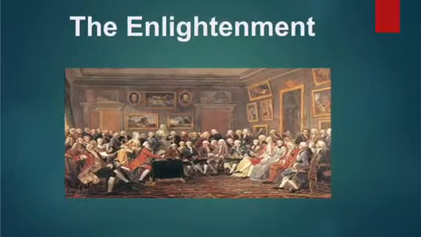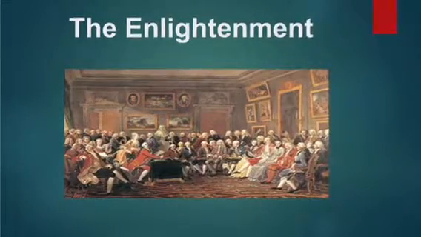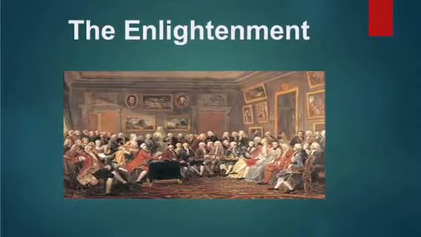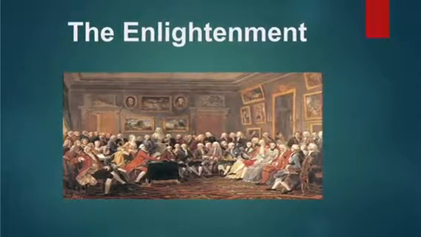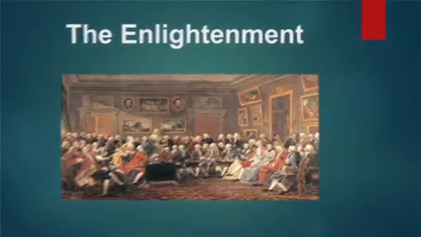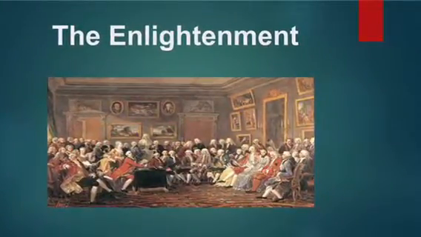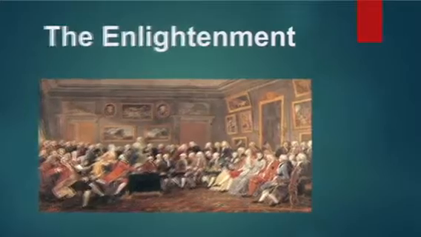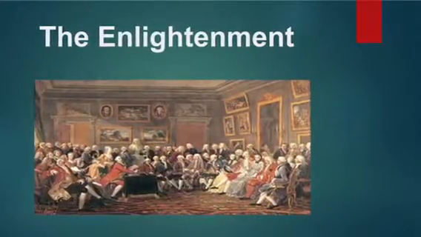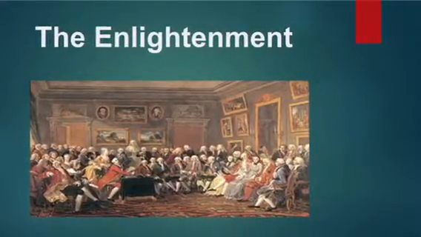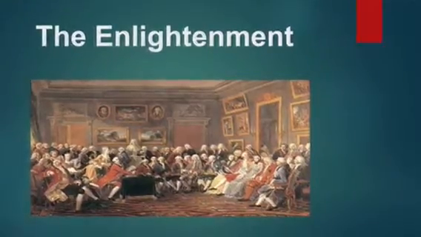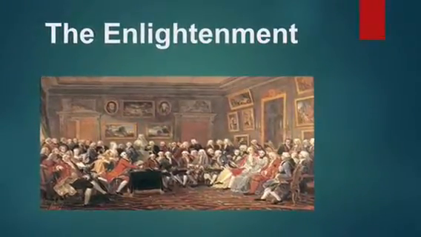The Enlightenment of the 18th century was born mainly out of three leading figures of the 17th century. One of these was a scientist, Isaac Newton. And the other two were English philosophers. One was named Thomas Hobbes, and the other John Locke.